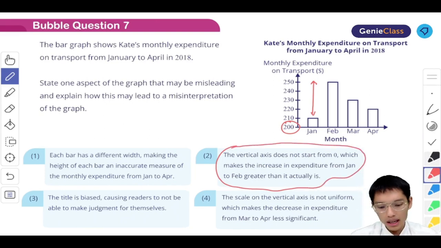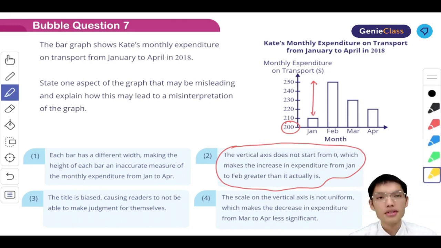Okay, let's take note. The other explanations here are things that may evaluate certain aspects of the graph that's misleading. When you look at the bar graph, there may be instances where the bar has a different width. Over here it is the same, that's why this is not correct, but this is a possible explanation.